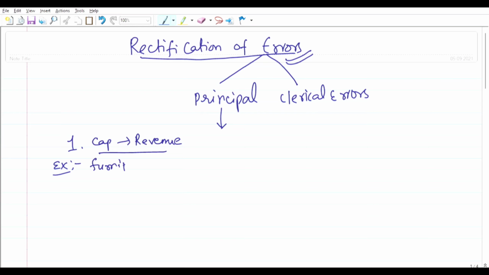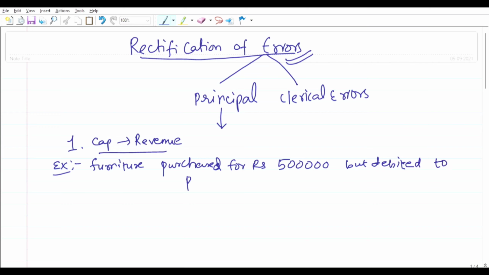Furniture purchased for rupees 5 lakhs, but debited to purchases account.